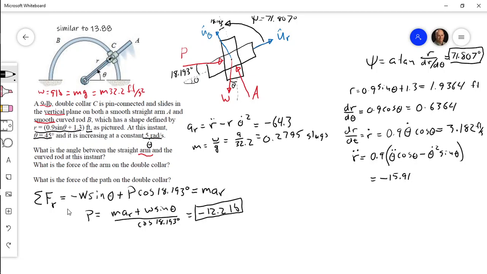And then we get one more equation of motion because we have two coordinate axes. So sum of the forces in the theta direction.